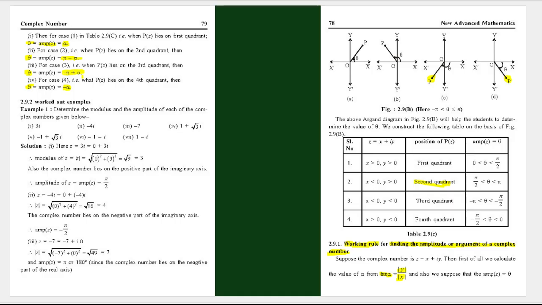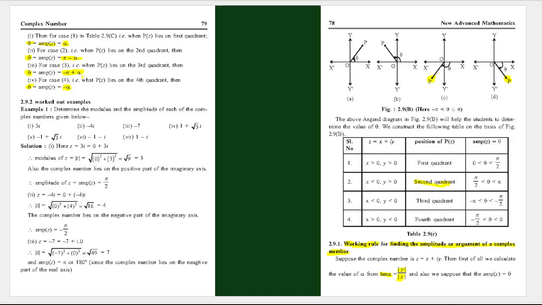If it is in the third quadrant, then theta will be equal to minus pi plus alpha. And if it lies in the fourth quadrant, then the value of theta will be minus alpha.